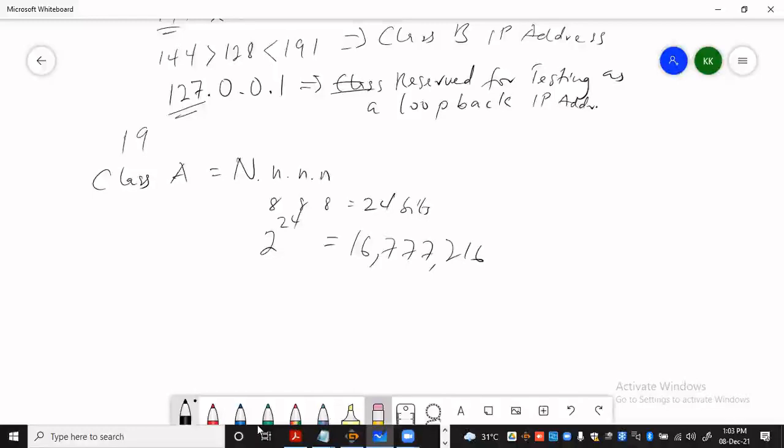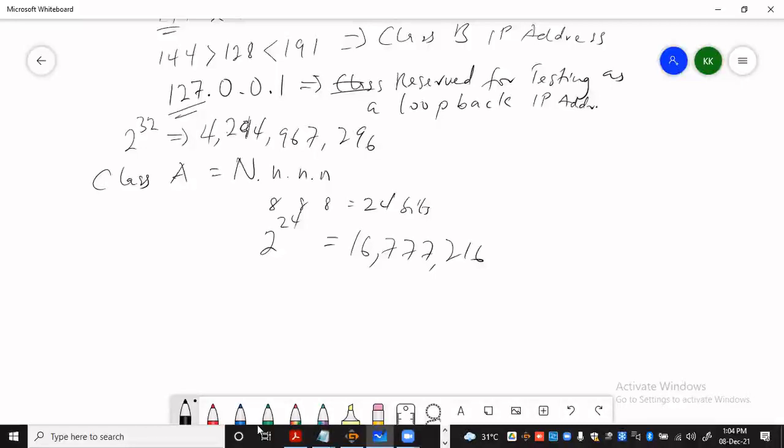So IP addresses generally have 2 raised to the power 32, which gives you 4,294,967,296.